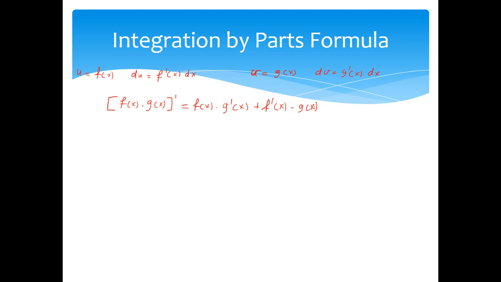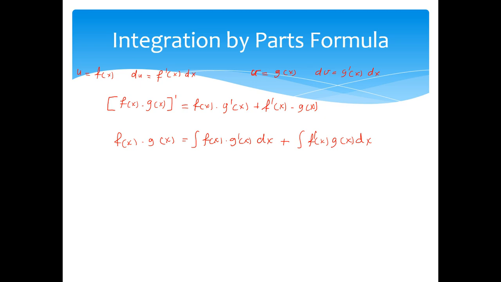So if we take the antiderivative of both parts of this equation, we're going to get f of x times g of x equals the integral of f of x times g prime of x dx plus the integral of f prime of x g of x dx.